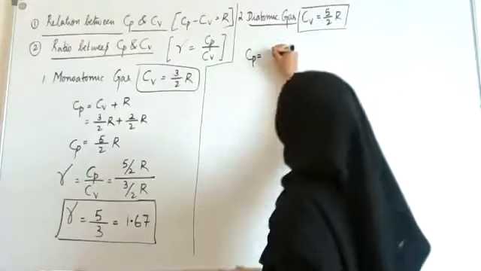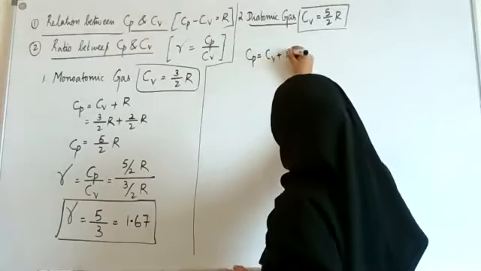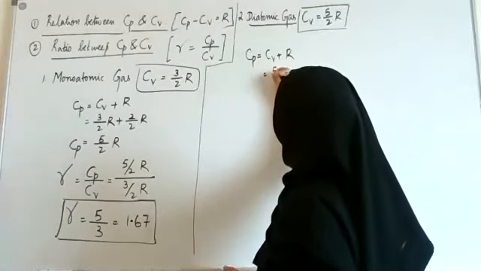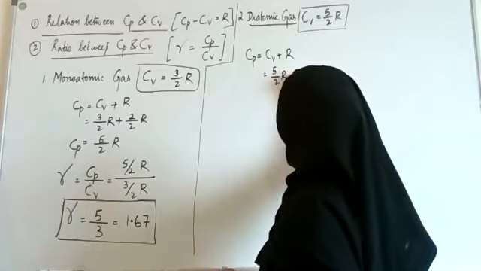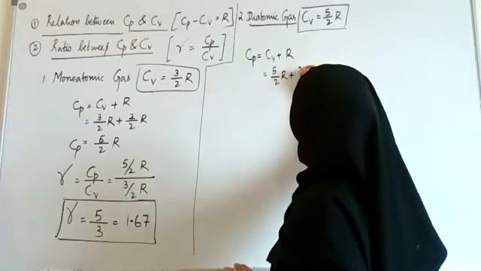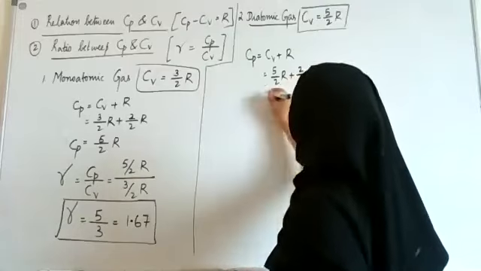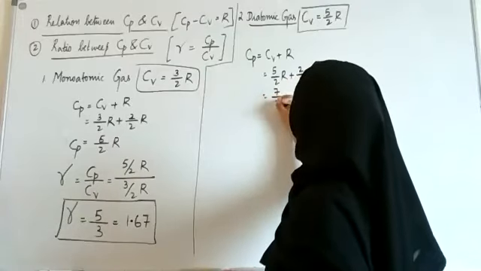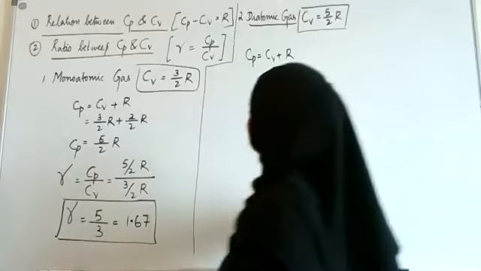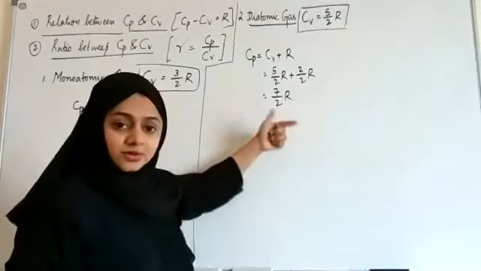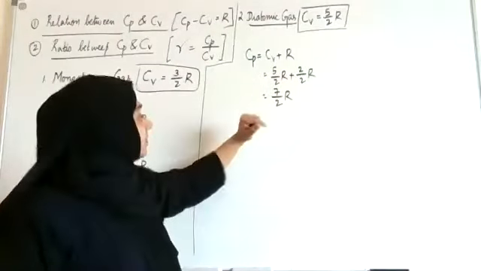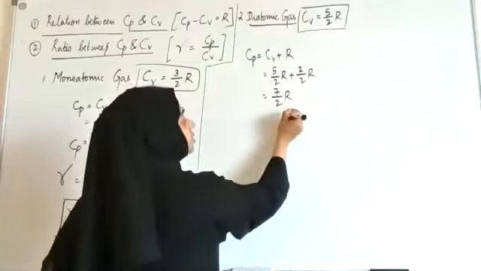CP is equal to CV plus R, which means 5 by 2R plus just 1R. I'm going to write it as 2 by 2R. So this is equal to 7 by 2R. See? 1R, you just have to add 1. So this is 7 by 2R.